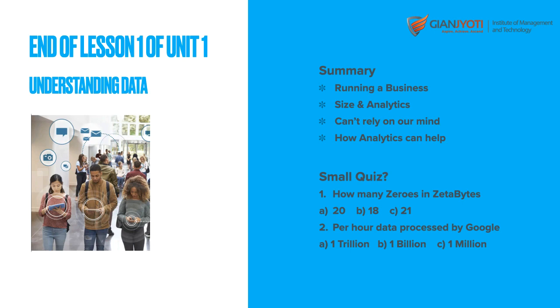How many zeros in zettabytes, and how much data is processed by Google in 1 hour? The answer is 21 zeros in zettabytes, and 1 trillion data is processed by Google in 1 hour.